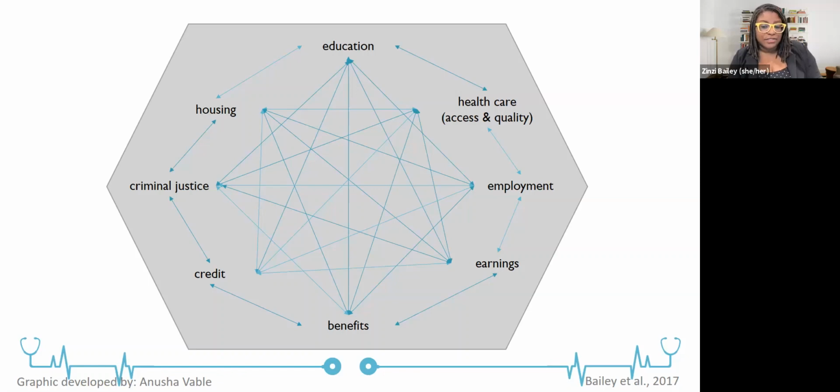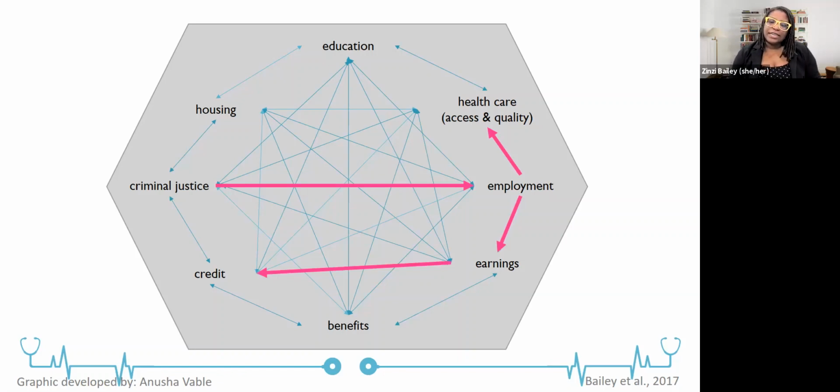First, a felony conviction impacts the type of job you can get. In this country, we tie our healthcare to our jobs, so the felony conviction will impact ability to access healthcare and the quality of healthcare that you receive. Employment also impacts how much money you will make, your ability to pay bills, which will in turn impact your credit.